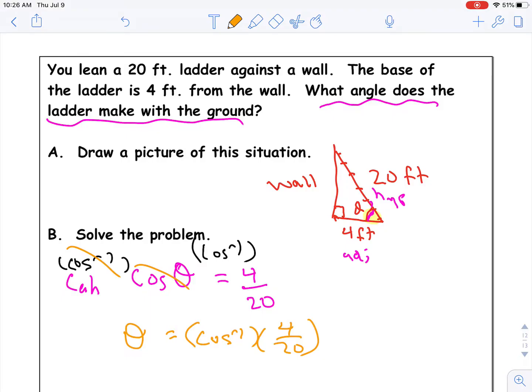Again, you don't need to reduce the fraction or get a decimal there, but you're trying to tell your calculator, hey, what angle matches the ratio of 4/20ths? And that gives you a 78.46 degree angle. So theta is 78.46 degrees. And that is the end of section 7.2.